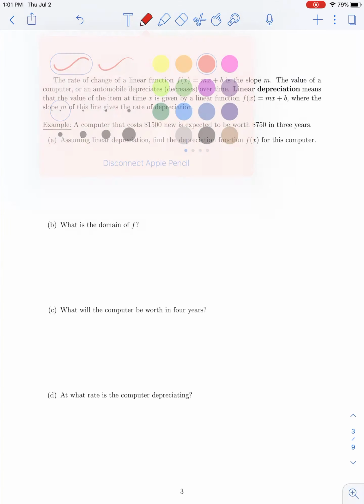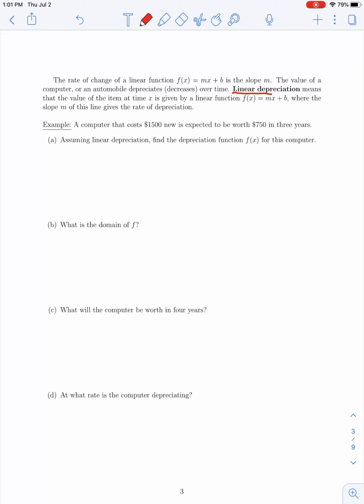Now, when we are referring to linear depreciation, we are assuming that the value of the item at time x is given by some linear function of the form mx plus b, where the slope m will be negative since the item is depreciating in value, and the slope of that line gives us the rate of depreciation.